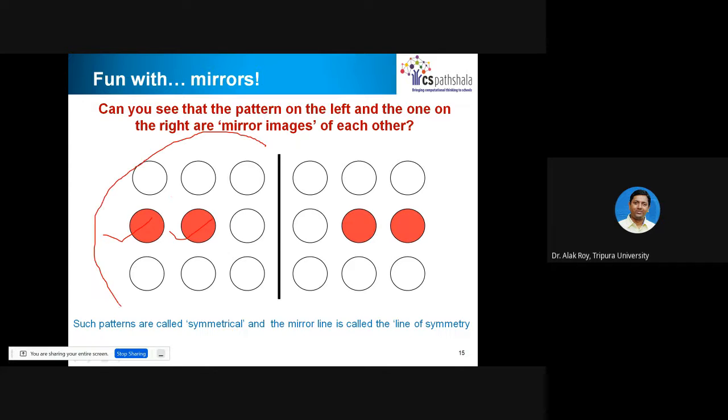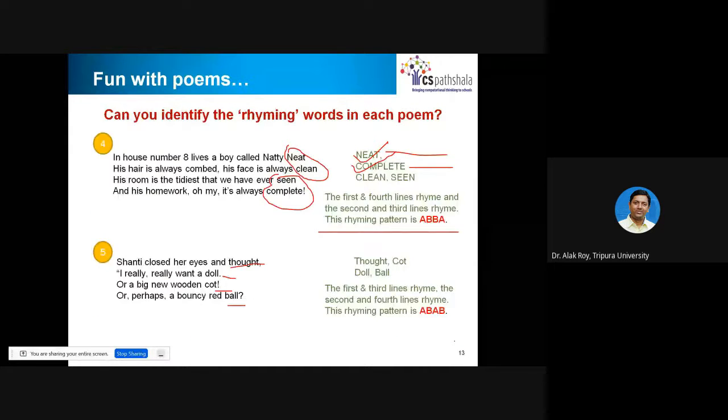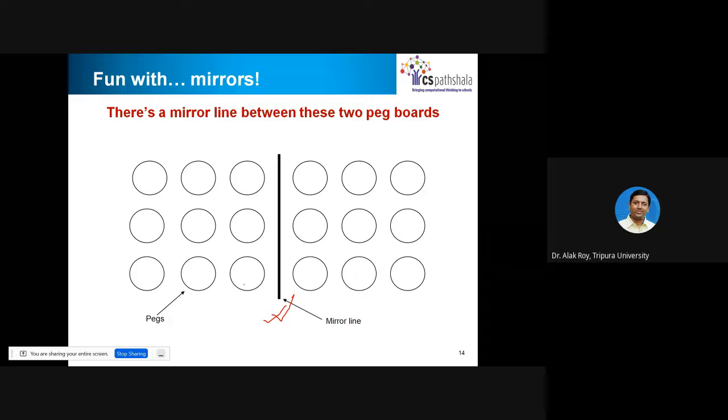So this is a mirror image of the other one, or vice versa. Such patterns are called symmetrical, and the mirror line is called the line of symmetry.